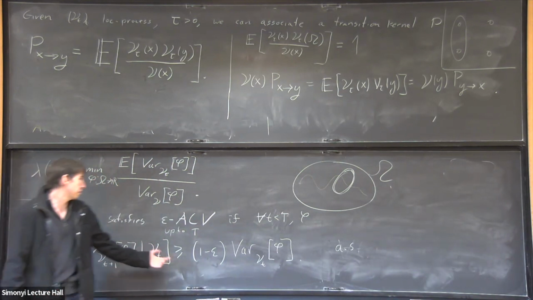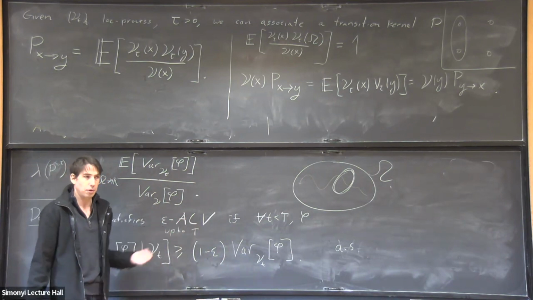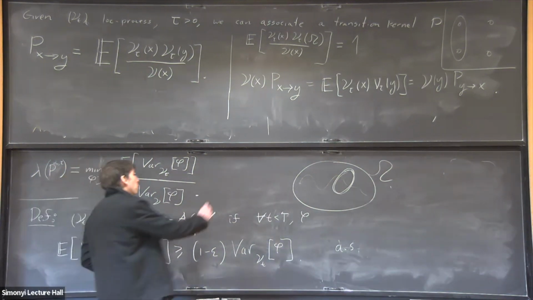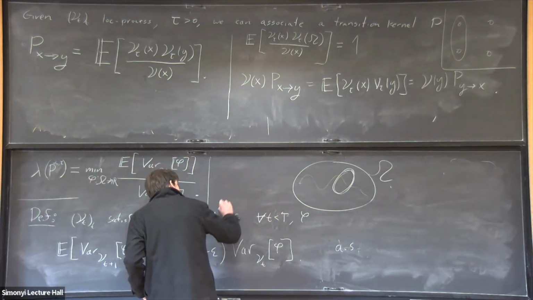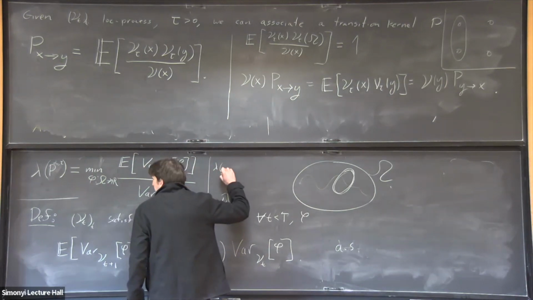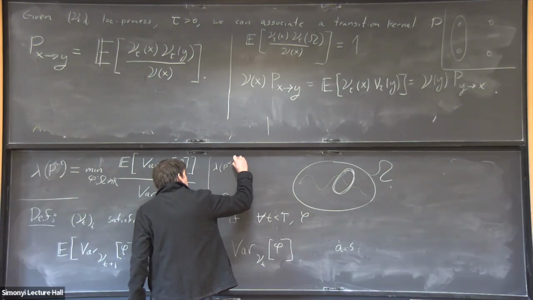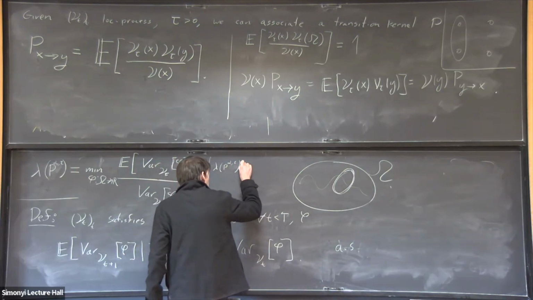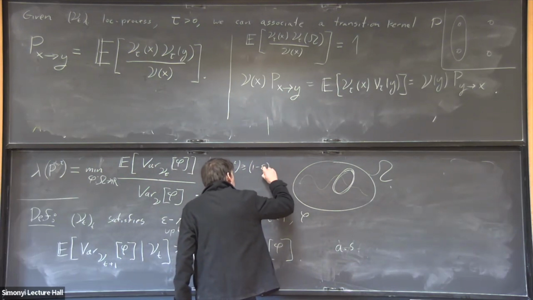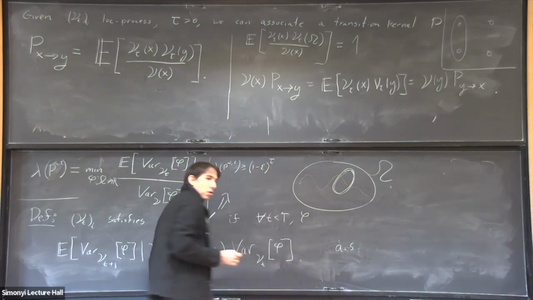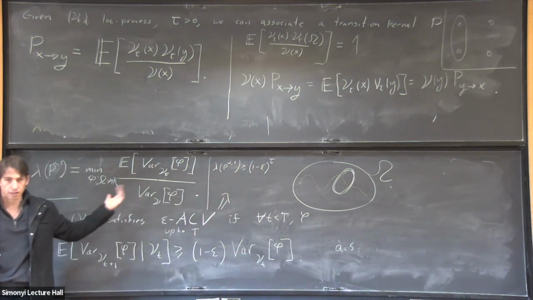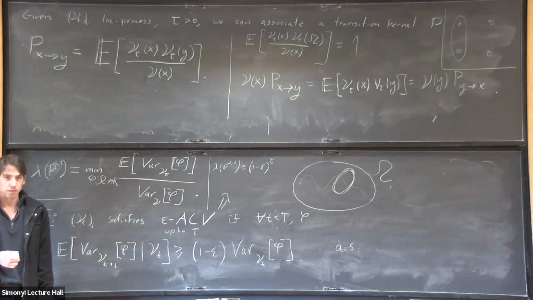If we have epsilon approximate conservation of variance in one step, then this will imply that lambda of the original thing is at least 1 minus epsilon to the power tau. Just take the telescopic product, okay?